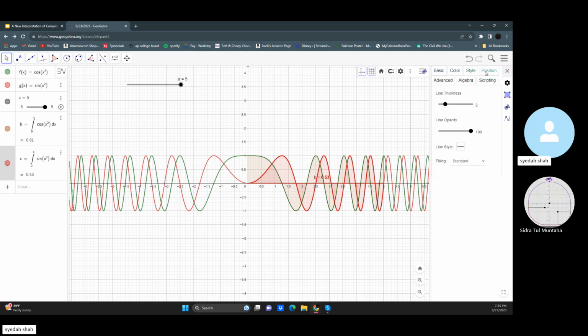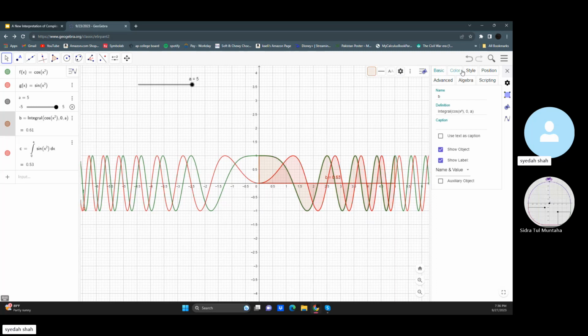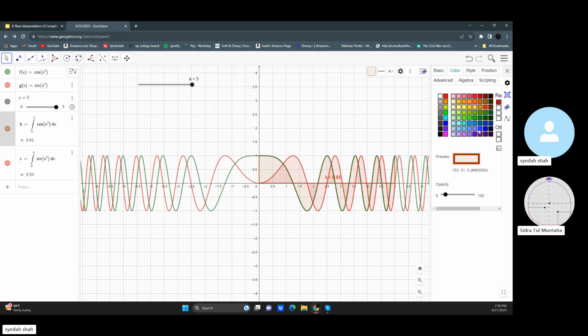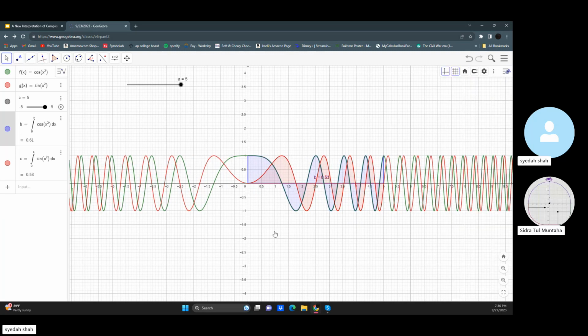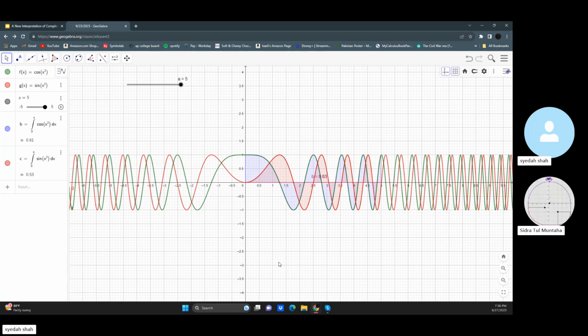Do we have trace here? No, I think it's just show object. Let me check. It's not even there. You can change it, but that's it. Why is there no trace?